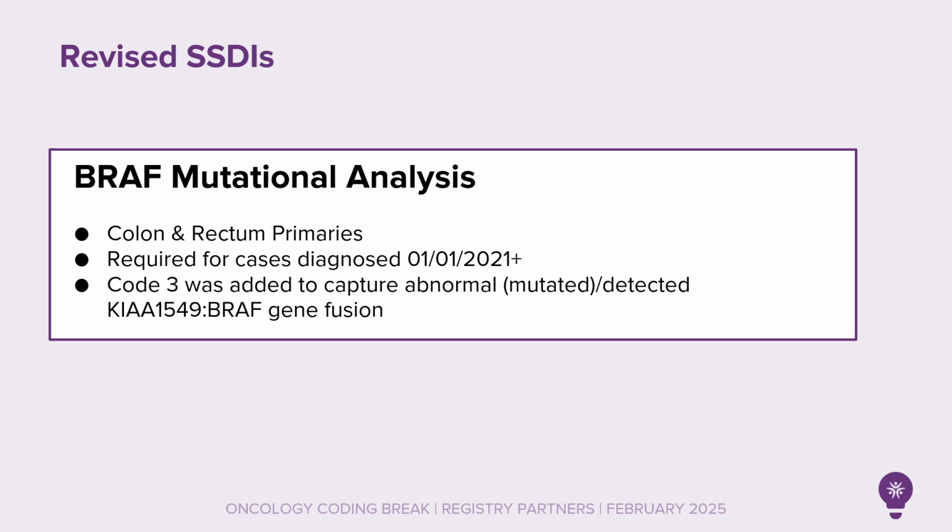The BRAF oncogene is involved in transmitting cell growth and proliferation signals from KRAS and NRAS. The BRAF V600E mutation is associated with poor prognosis and predicts lack of response to anti-EGFR therapies.